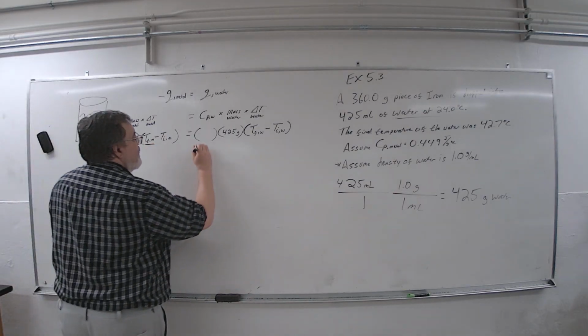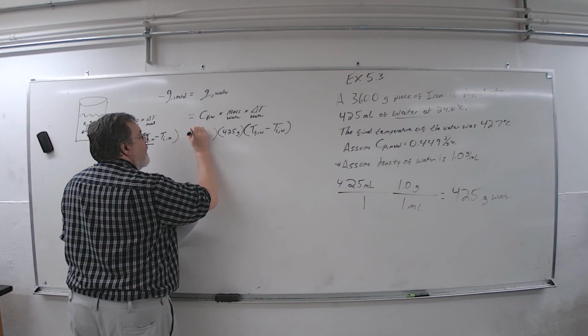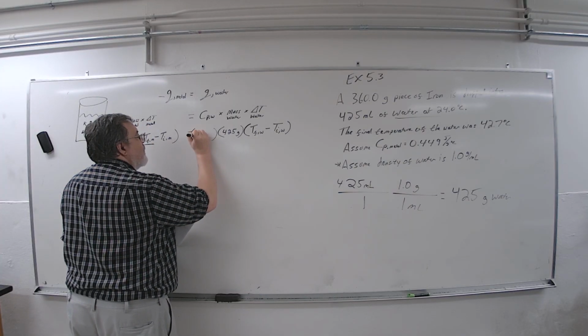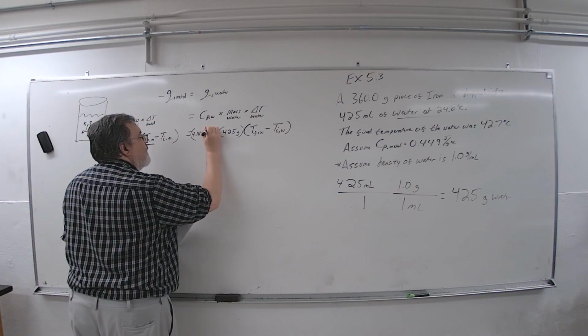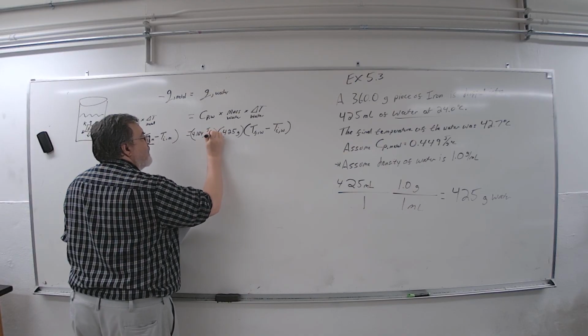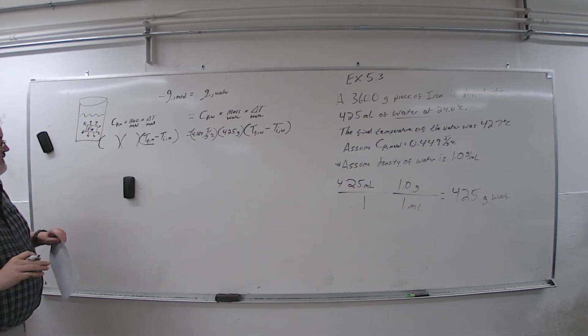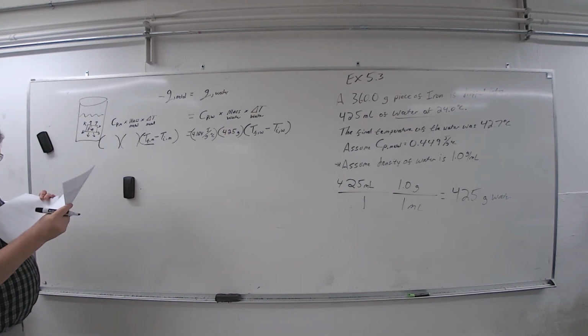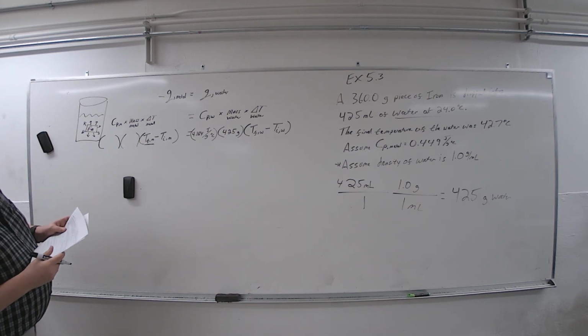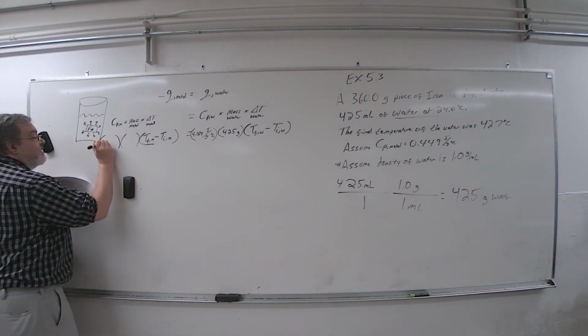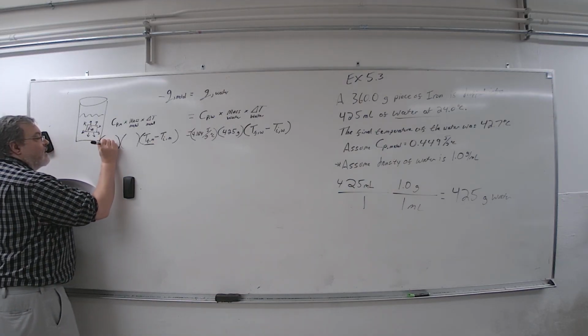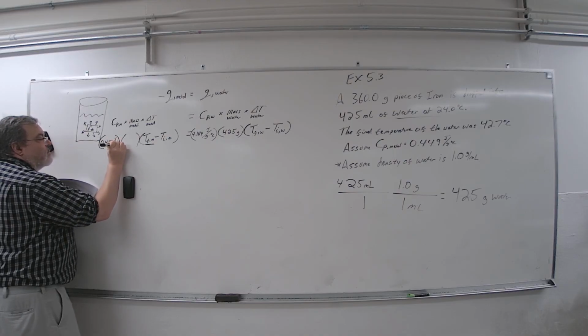Okay, CP of water, 4.184 joules per gram per degree C. I got that off the chart. It's one of the few things I memorized in the world. And iron was 0.449 joules per gram per degree C.